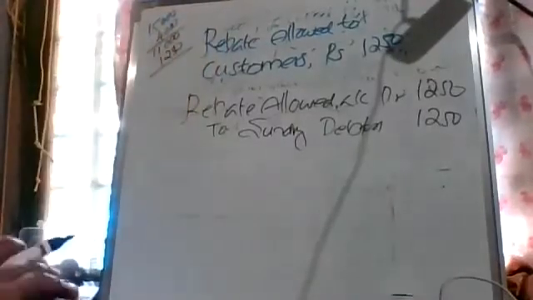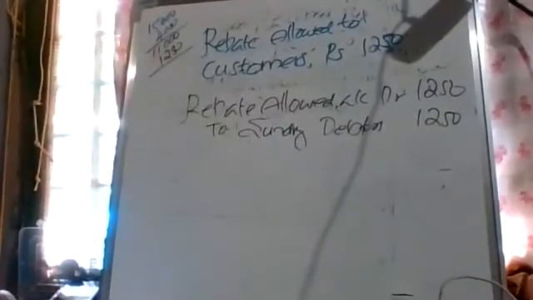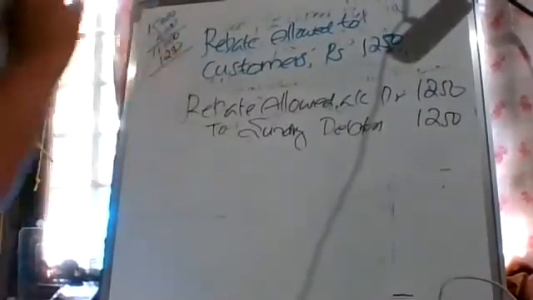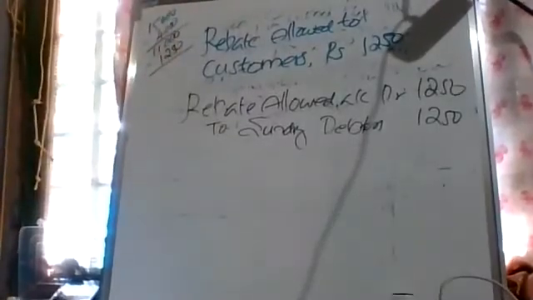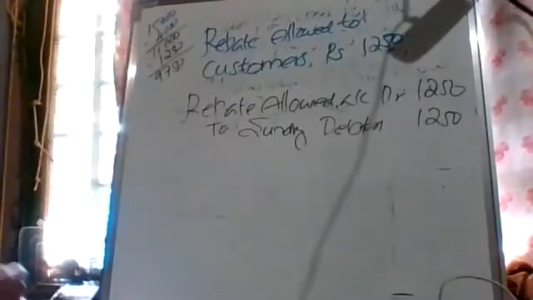Yes. Less 1,250. 11,000 minus 1,250 is 9,750. So keep this record, we will use it. I am saying again and again, don't erase or remove that.